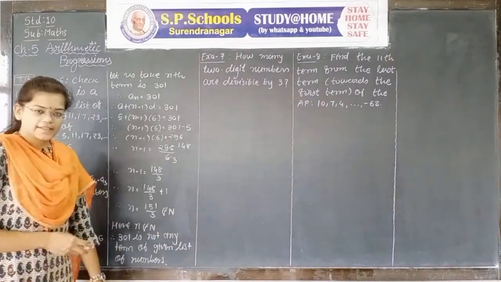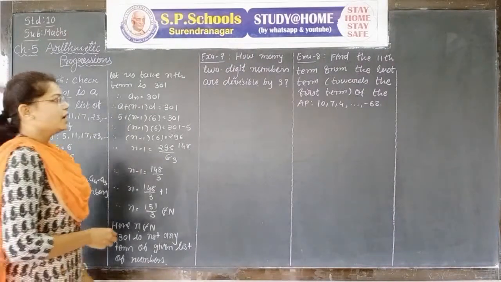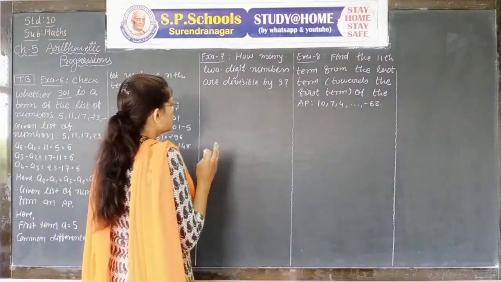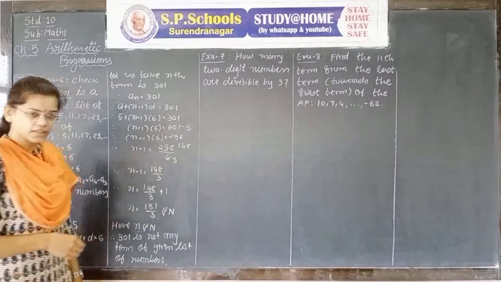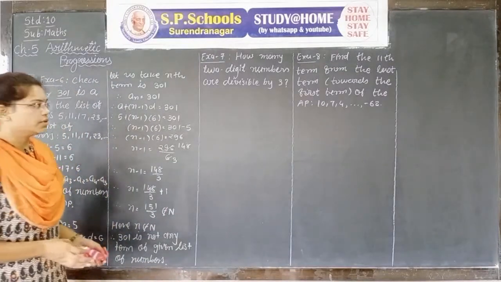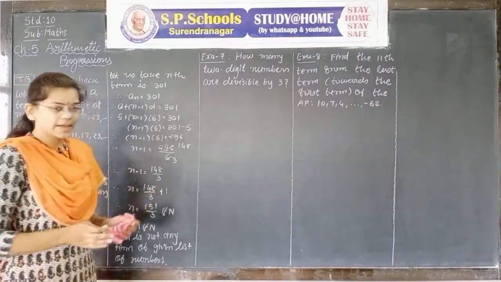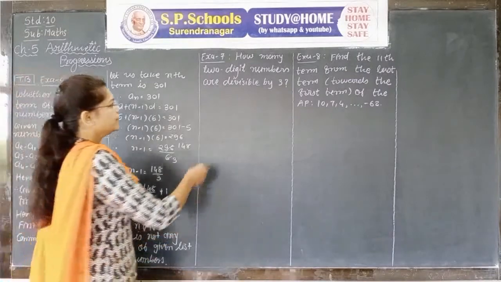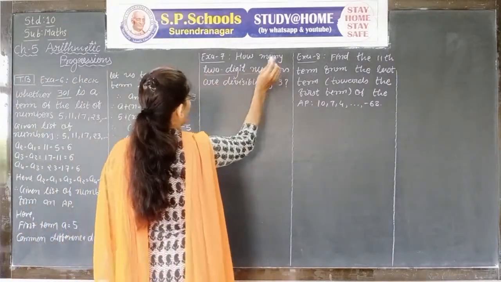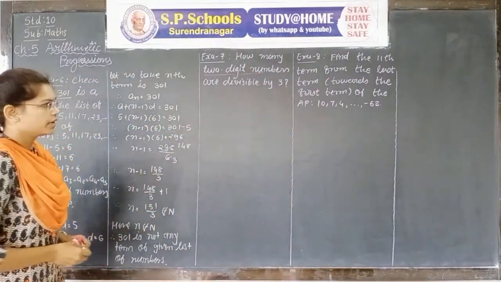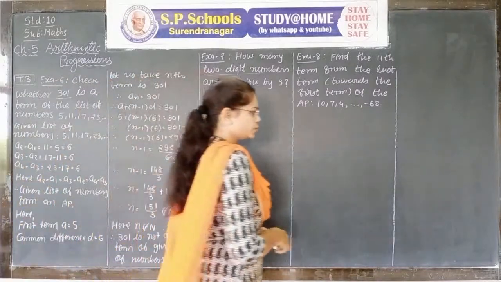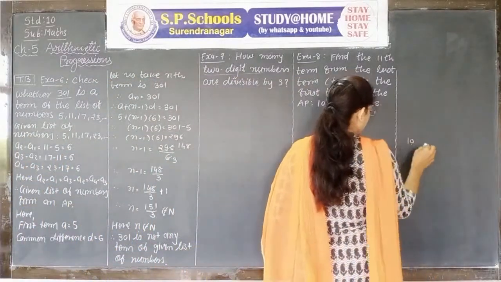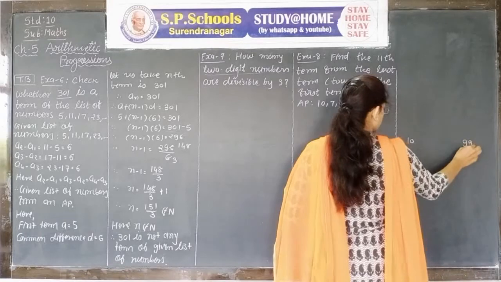Let's see example number 7. How many 2-digit numbers are divisible by 3? But the condition is that the numbers are 2-digit numbers. We know the smallest 2-digit number is 10 and the largest 2-digit number is 99.